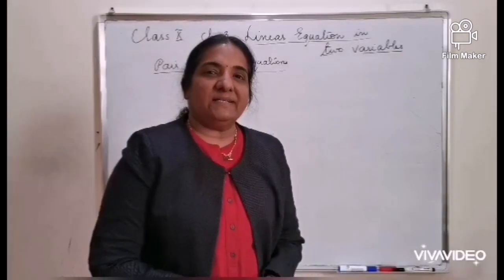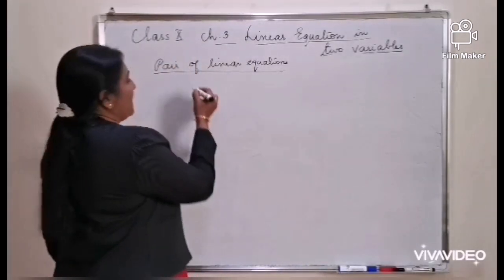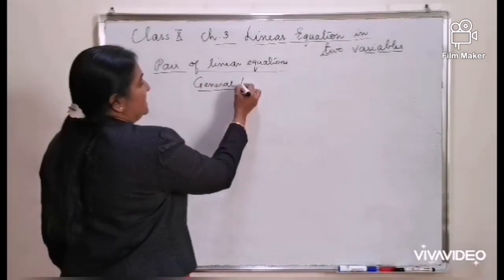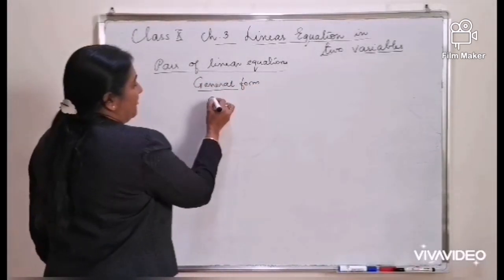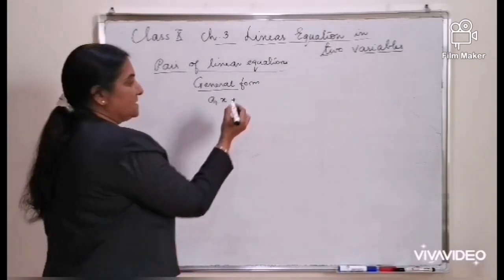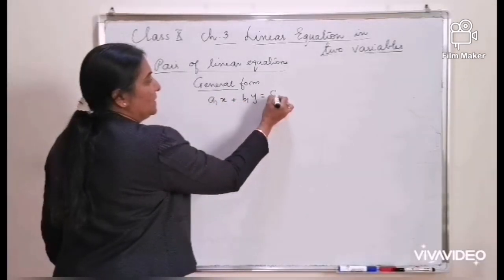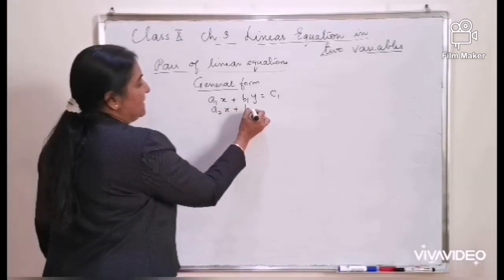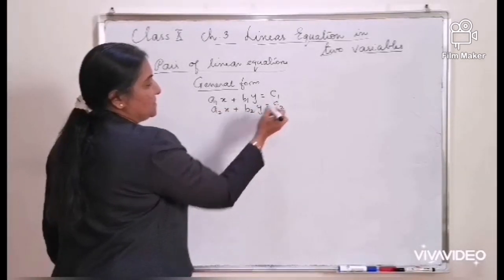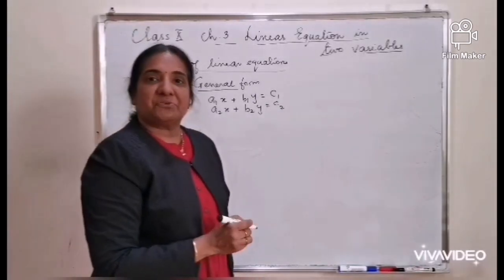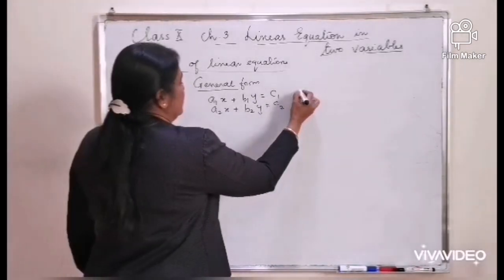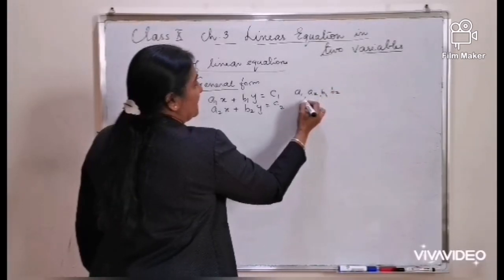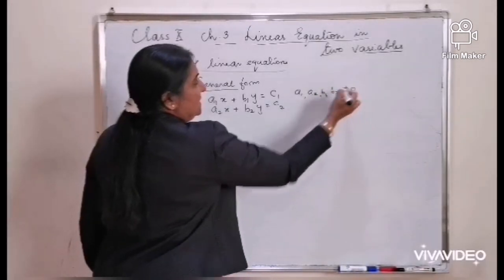Thus, the general form of a pair of linear equations is a1x plus b1y equal to c1 and a2x plus b2y equal to c2. The conditions remain the same: a1, a2, b1, b2 should not be 0.